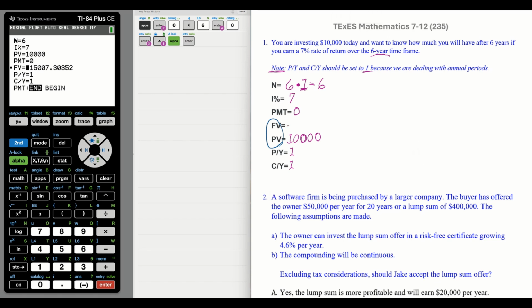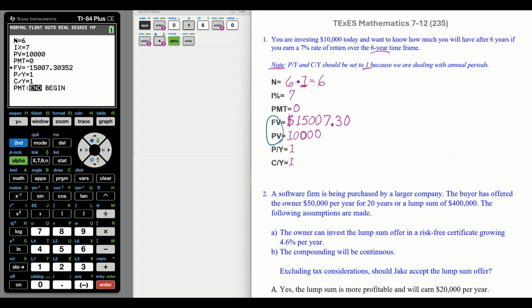Now, I'm not going to take the time to explain that to you. There is a reason why. If you don't mind, can we save that for another day or Google it? I vaguely remember precisely why that is, and I'd rather not go over that. It's kind of a waste of our time. Just remember, ignore that negative and just put your dollar sign in there when you're done.